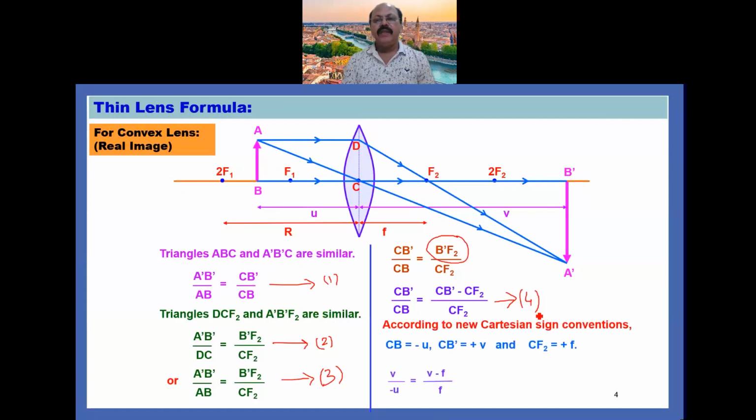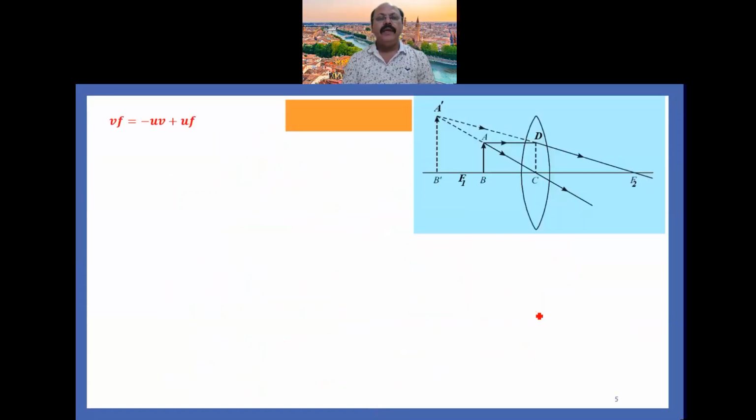Substitute these values in equation number 4, then it becomes V upon minus U equal to V minus F upon F. Then you cross multiply it and simplify. Then you will get VF equal to minus UV plus UF. Divide both sides by UVF.